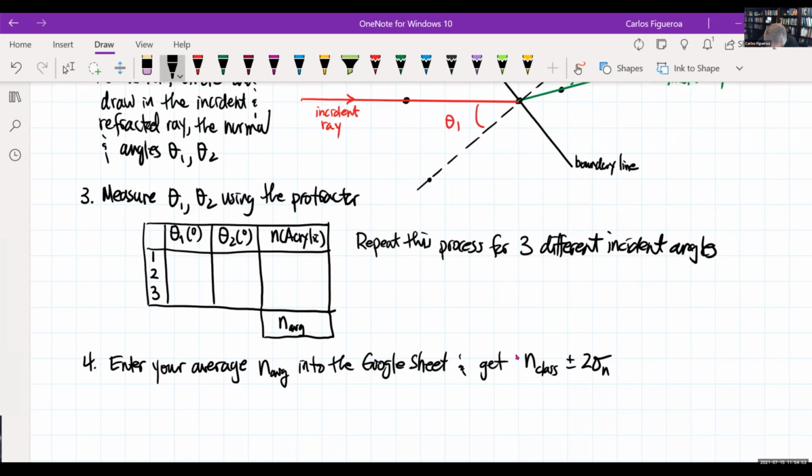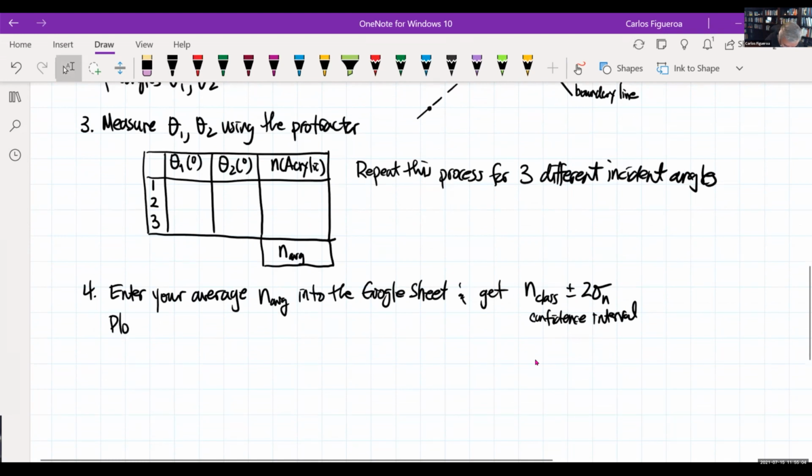So that means you have what? You have your confidence interval. Now plot this thing. Plot confidence interval.